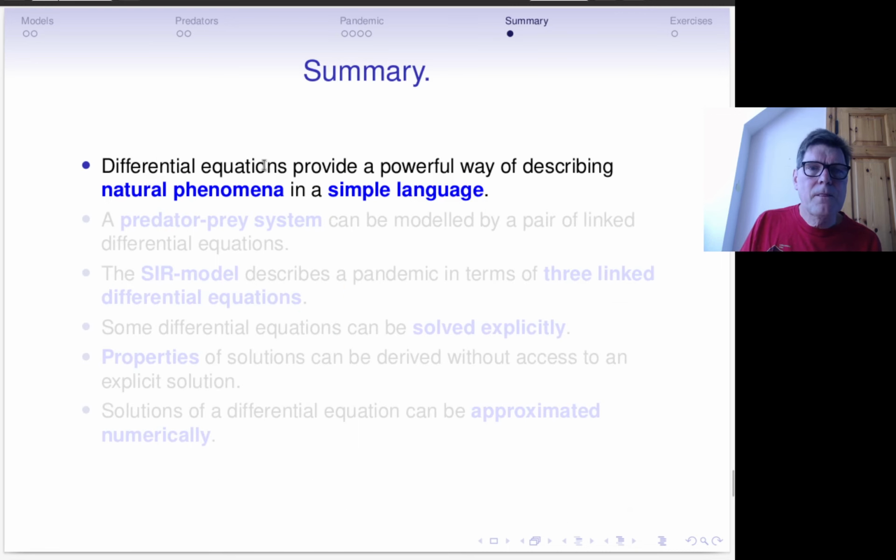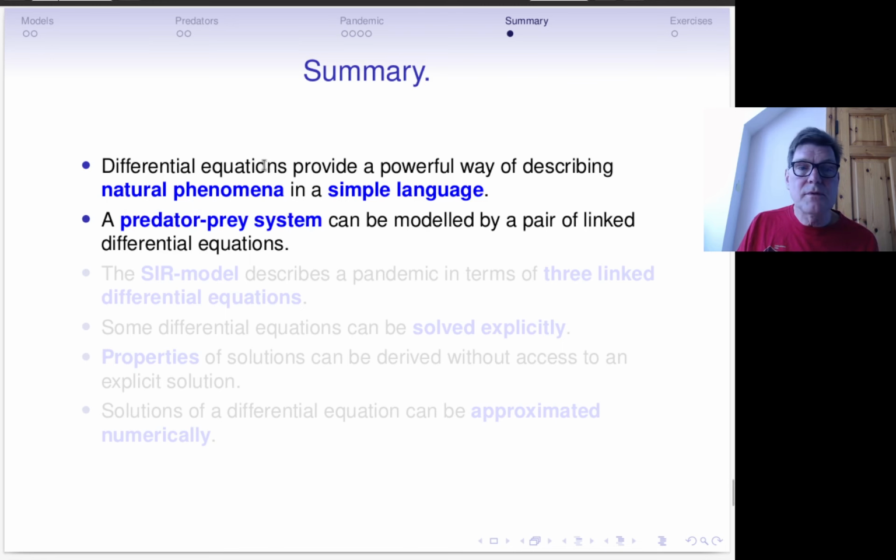Okay. So I hope that this could be seen. Differential equations are a powerful way of describing natural phenomena through simple equations. For example, the predator-prey system that we've seen models two populations by a pair of linked differential equations.